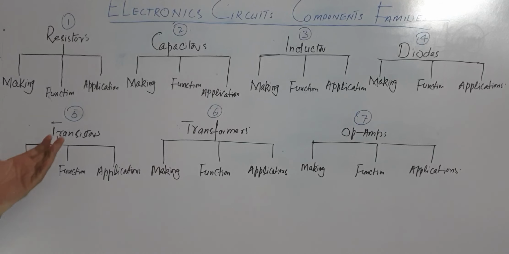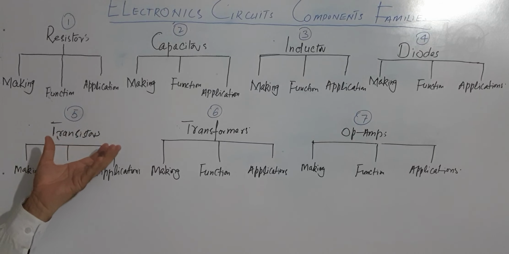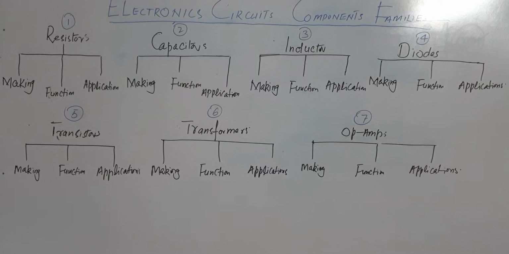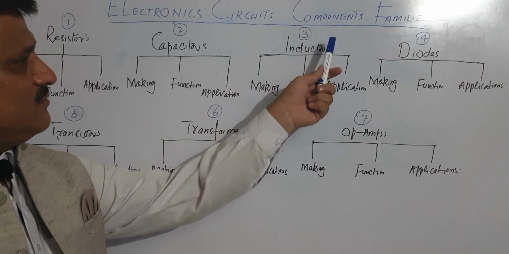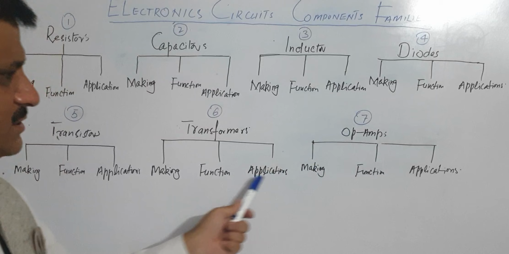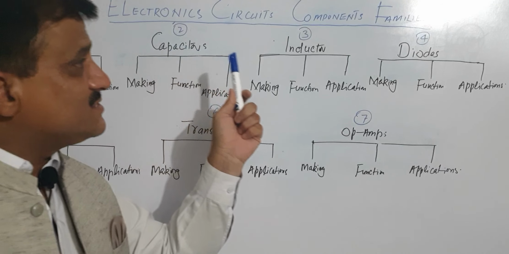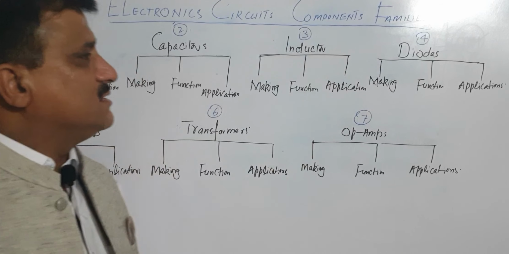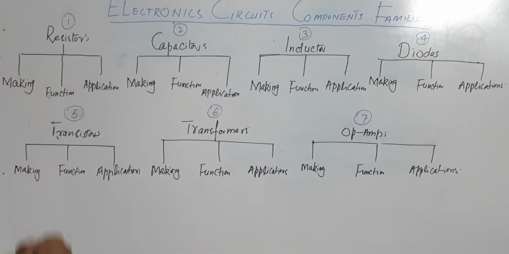Now the resistor is a very basic electronic component of electronic circuits. How can we make the resistor? There are different types of resistors, as I told you that these are not only components, but names of certain families. By families I mean, if I'm talking about the resistor, there are different types of resistors.